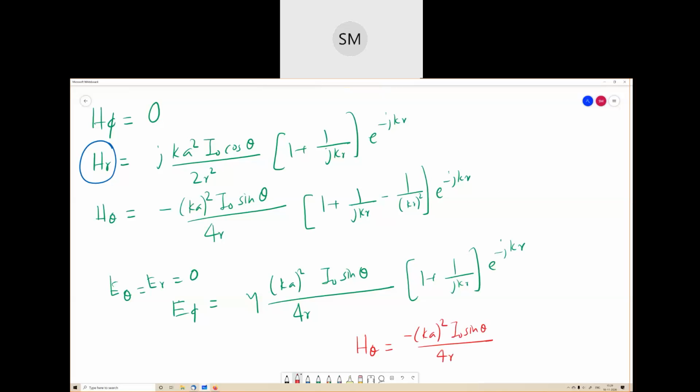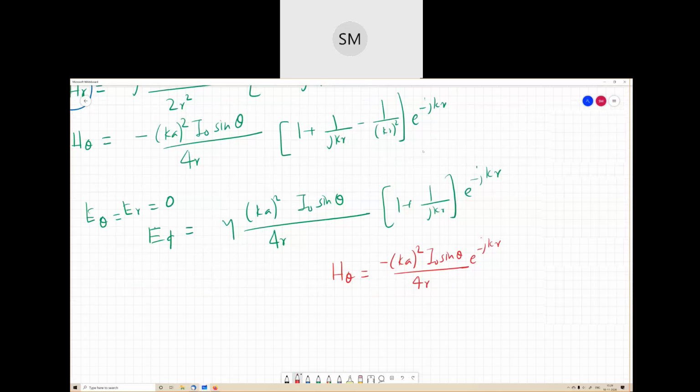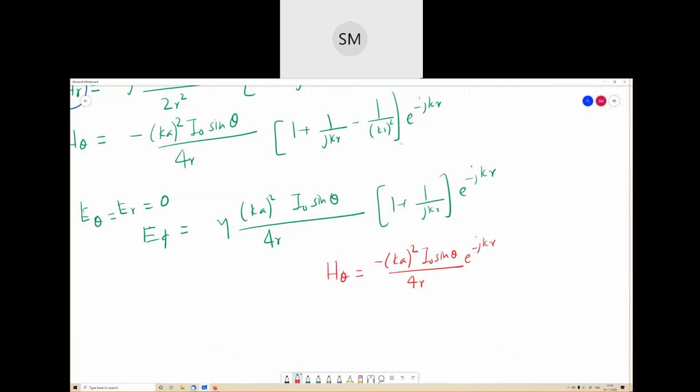Also the first term will be there. Of course, e to the power minus jkr. Agreed?